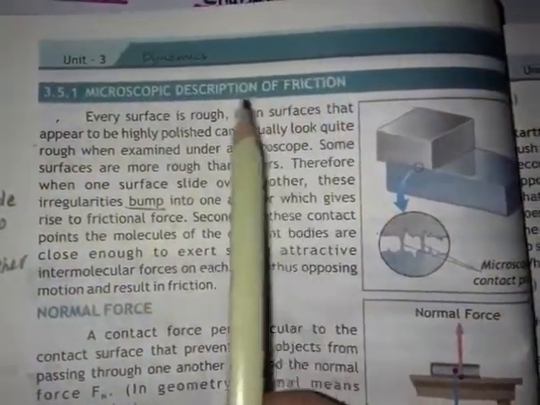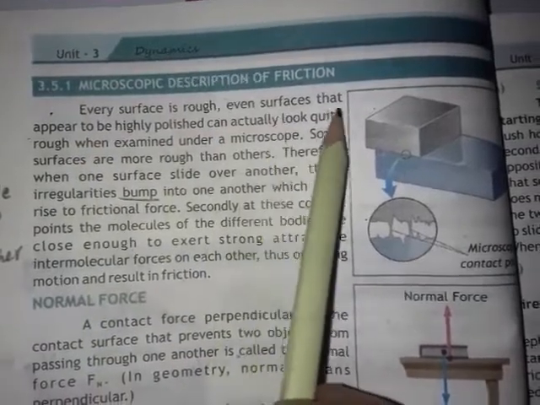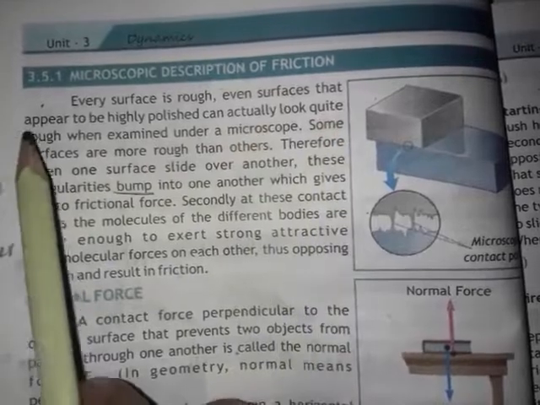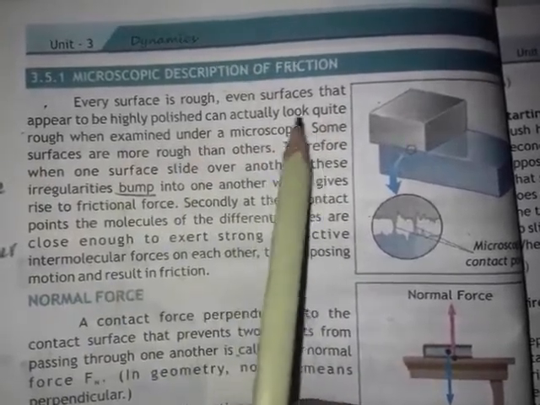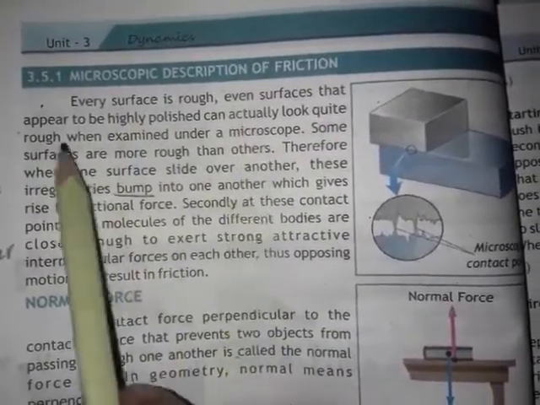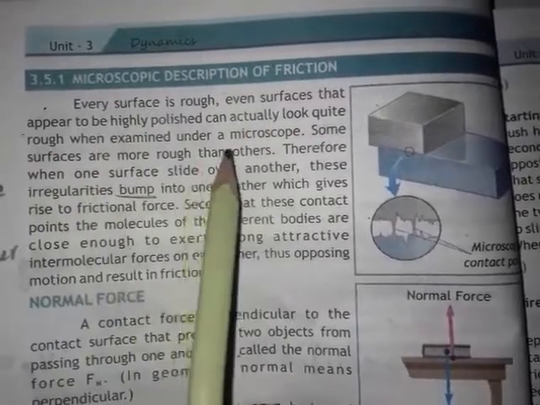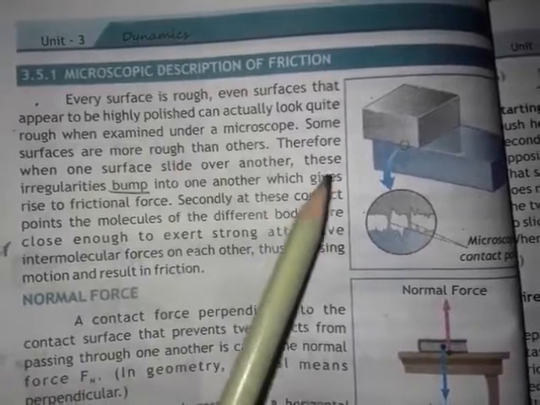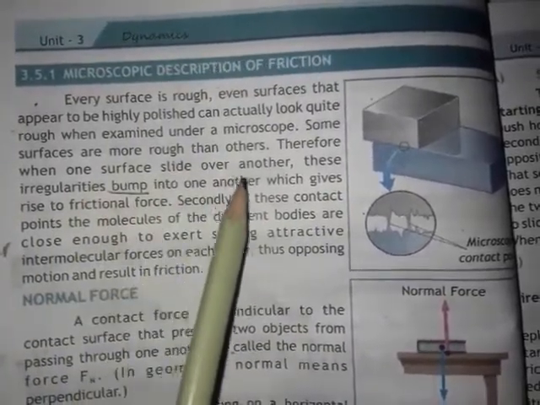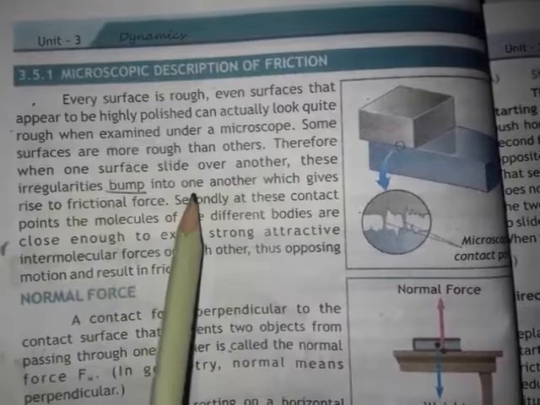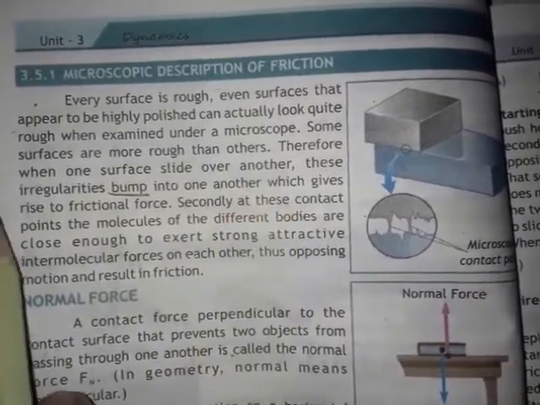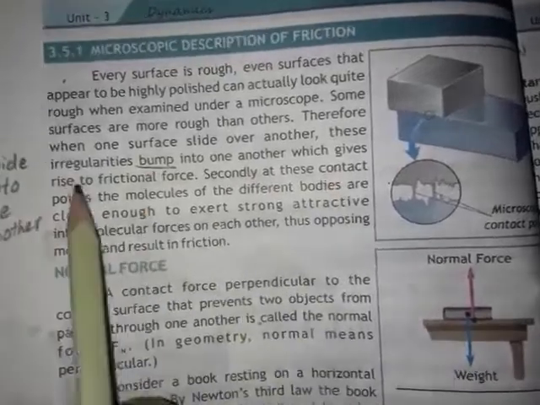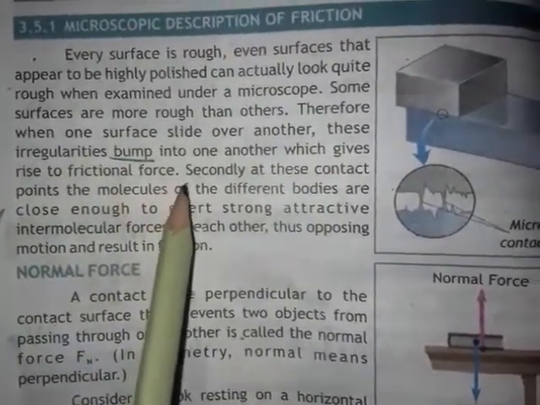Microscopic description of friction. Every surface is rough. Even surfaces that appear to be highly polished can actually look quite rough when examined under the microscope. Therefore, when one surface slides over another, these irregularities bump into one another, which gives rise to the frictional force.